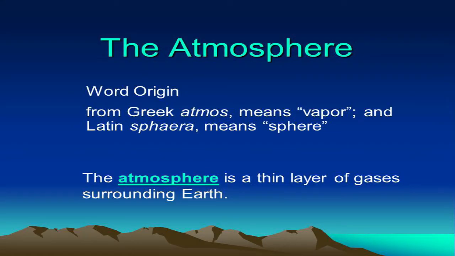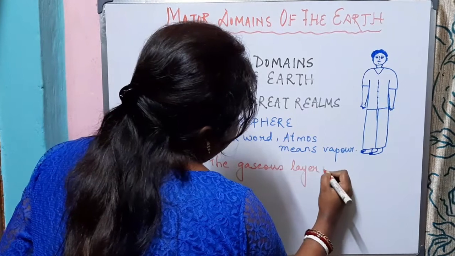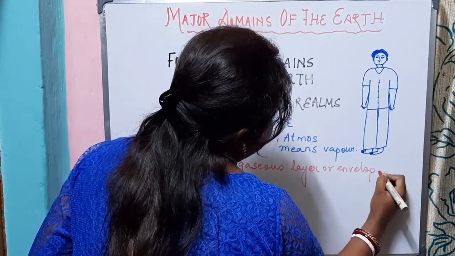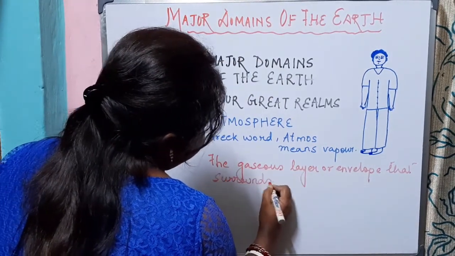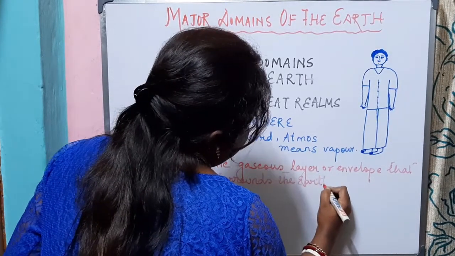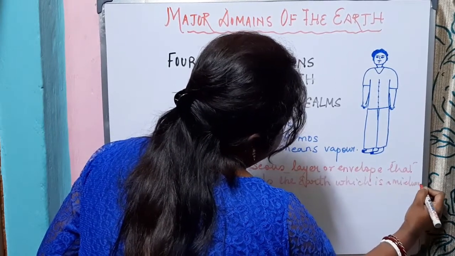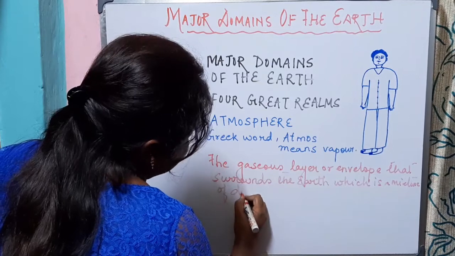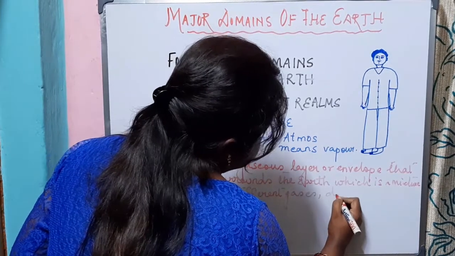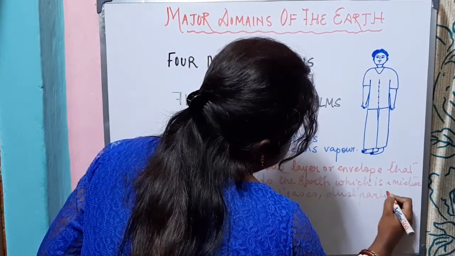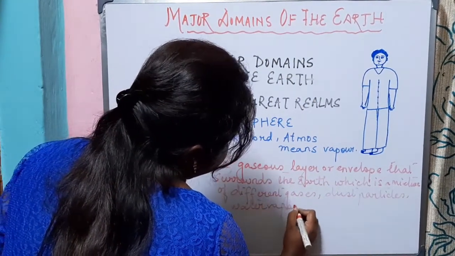Atmosphere is referred to as the gaseous layer or envelope that surrounds the earth, which is a mixture of different gases, dust particles and water vapor.